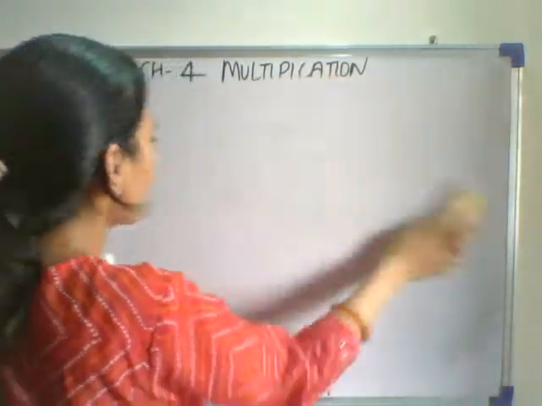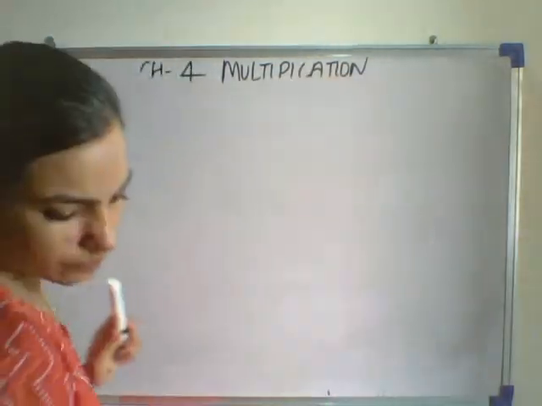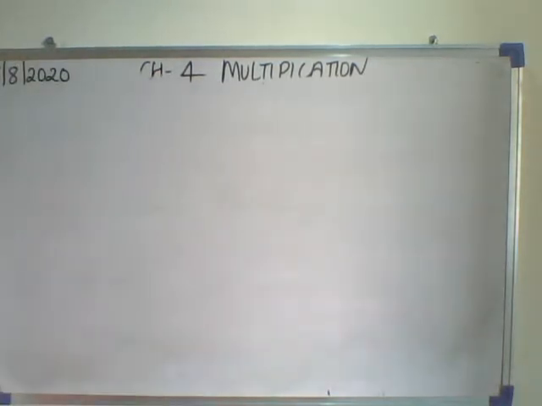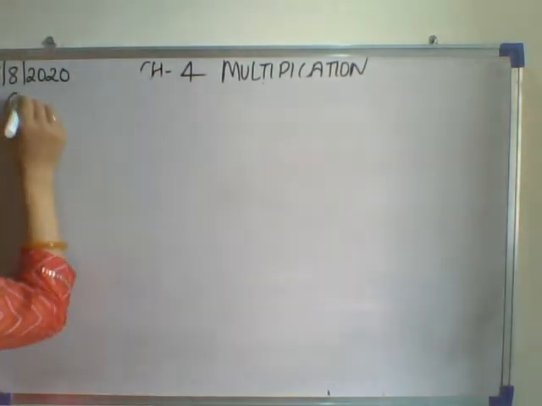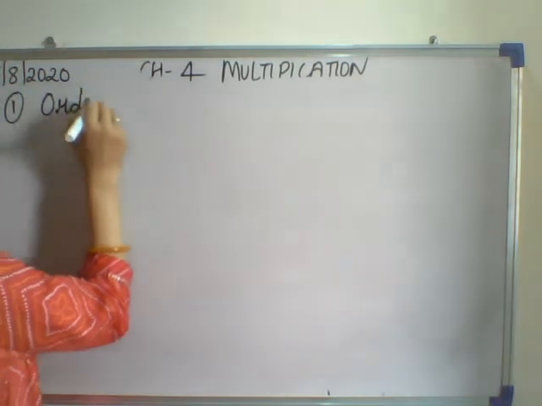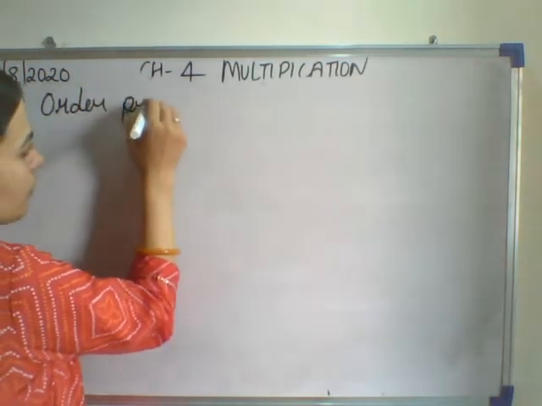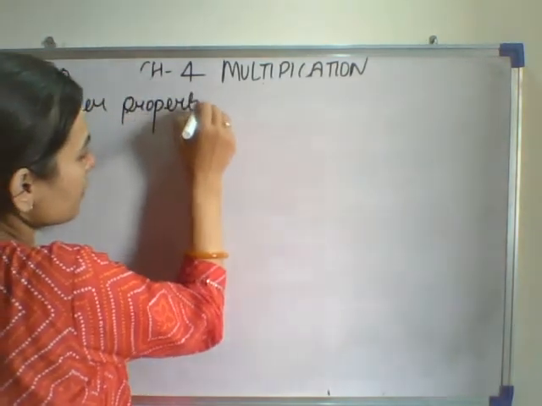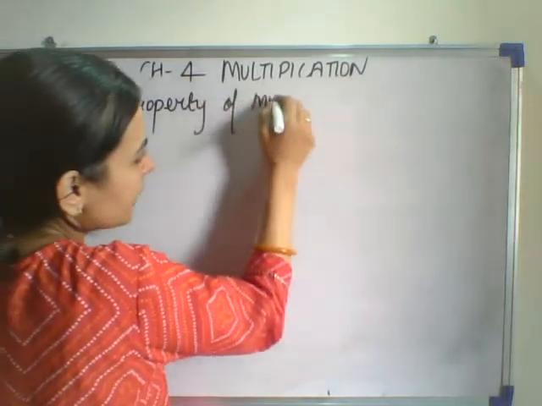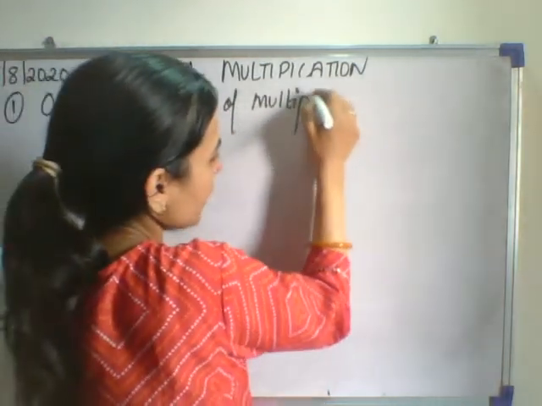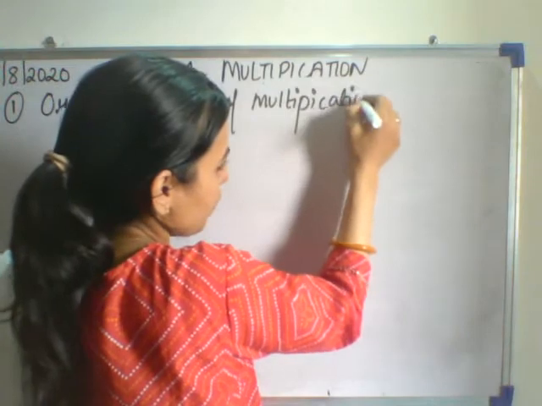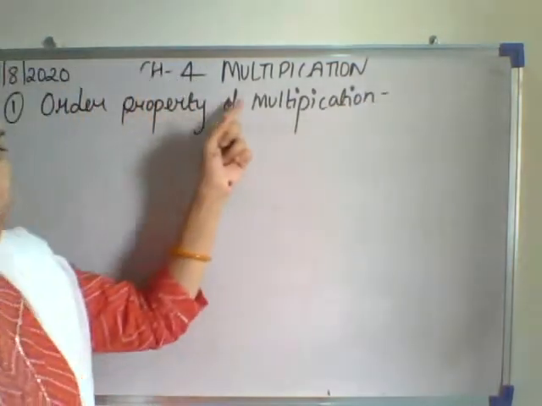The first property of multiplication is the order property of multiplication. What is the order property of multiplication?